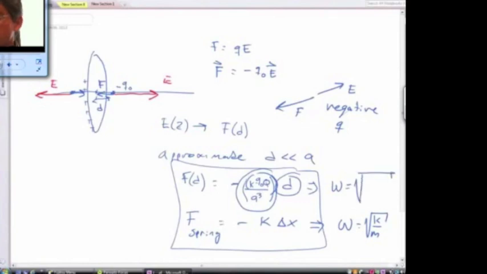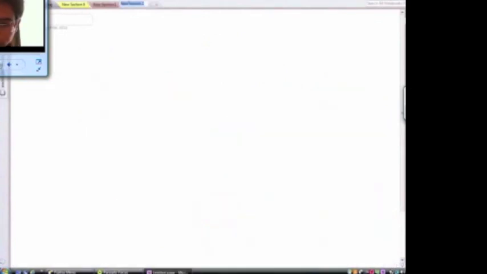This is going to be our effective constant, and the motion is going to be oscillatory with an angular frequency given by the square root of our effective spring constant, let's write it k effective, divided by the mass of the charged particle. So this is how you would solve the problem in the homework dealing with the oscillatory motion of a particle placed near the center of the ring.